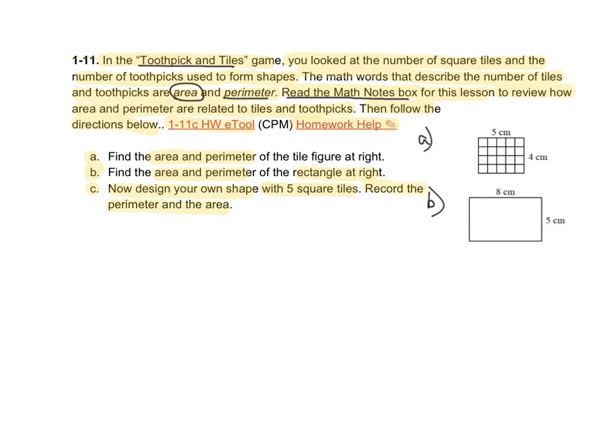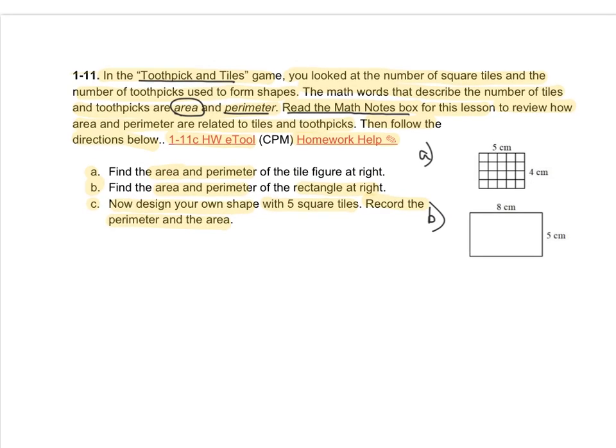So pause the video, draw those shapes on your paper, and then either work ahead and check your work with this video. Again, I'm only gonna do one of them. So I'm gonna sketch sample B, and you need to be doing all the work on your paper.